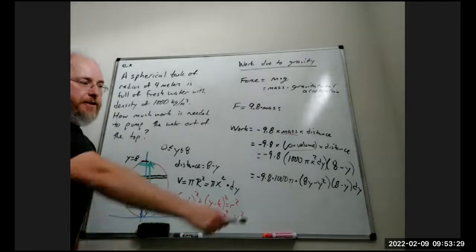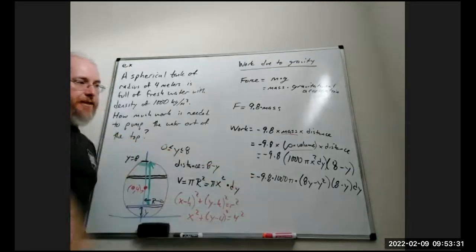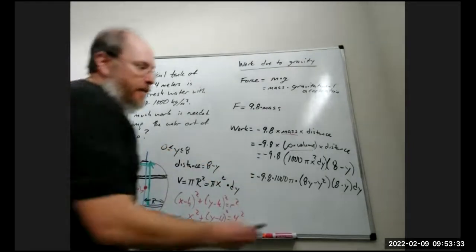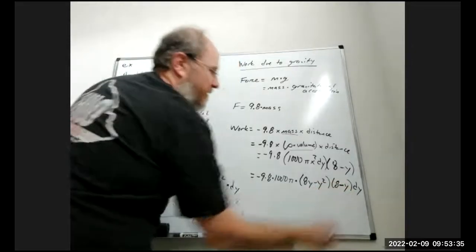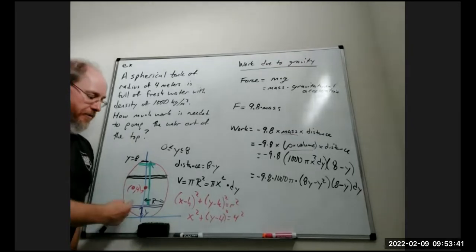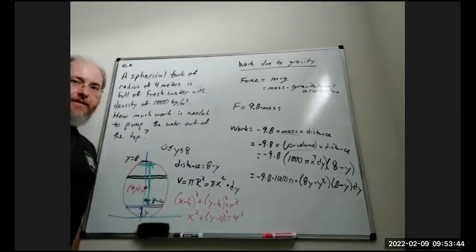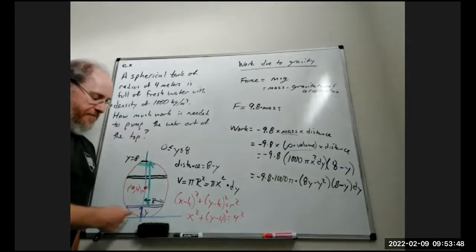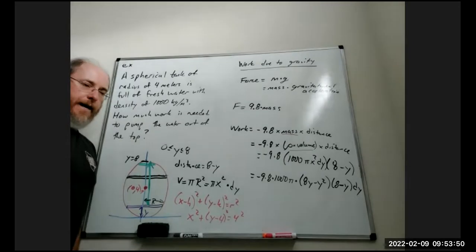Now if you look at this big, ugly looking thing, this is telling me how much work is going to be done to move one of the little slices, for the slice that's at a height of y.